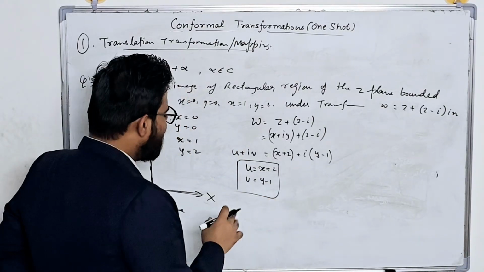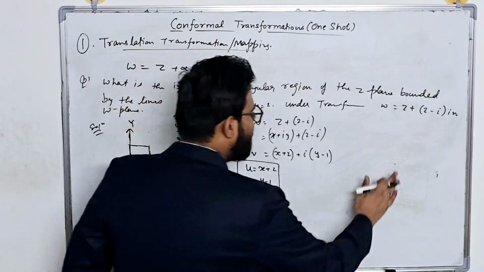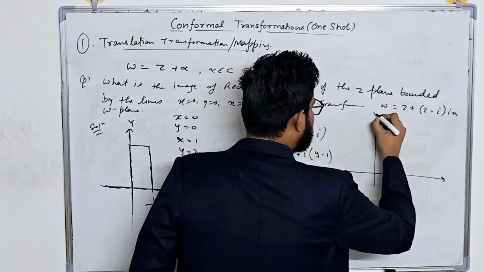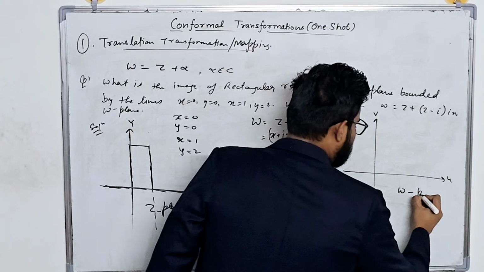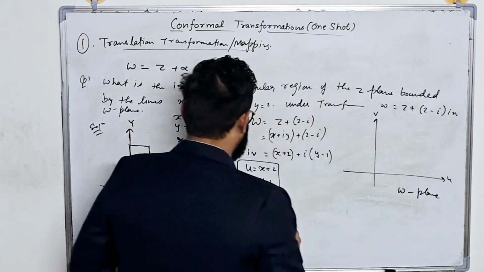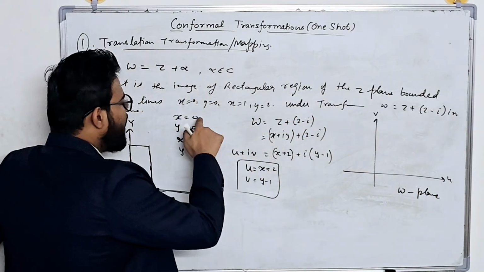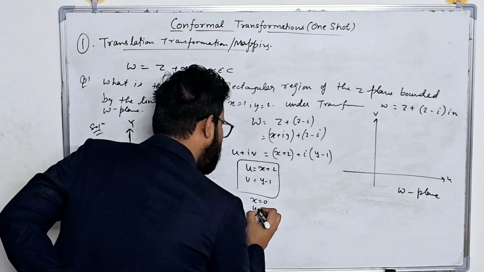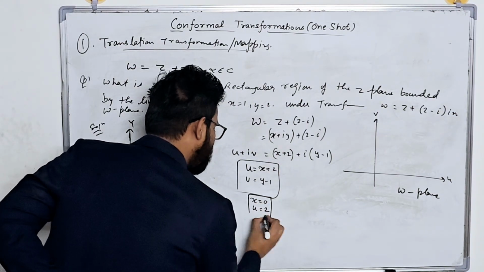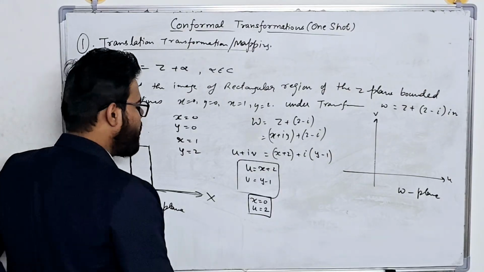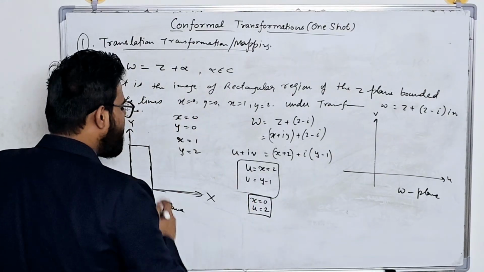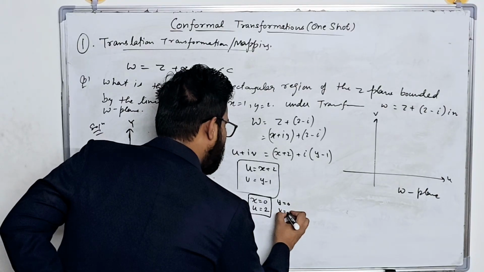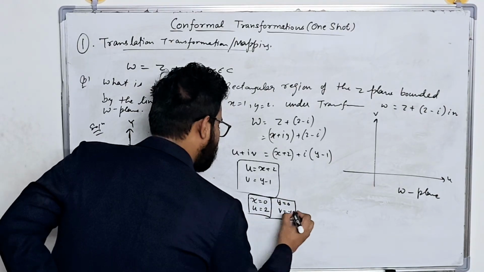Now what are we going to do? Well, first of all we will draw a u v axis, that is the w plane, right? Now we know these values. So when x is equal to 0, u is equal to 2, right? This is the line u is equal to 2. When y is equal to 0, v is equal to negative 1, right?